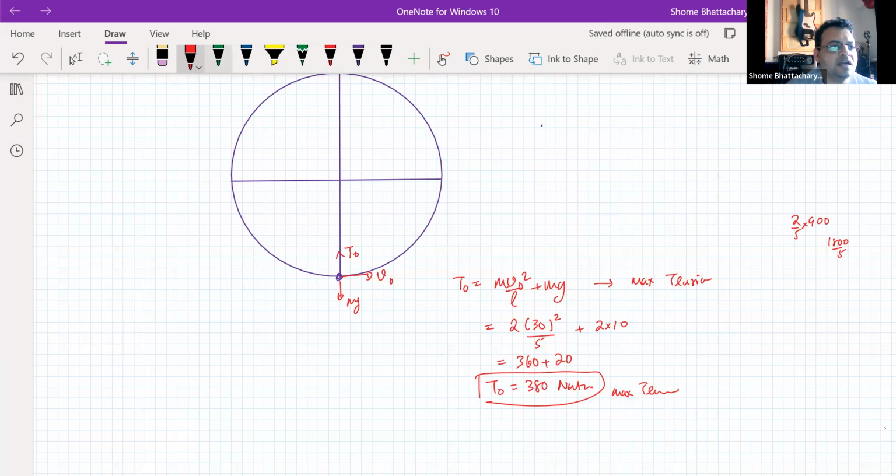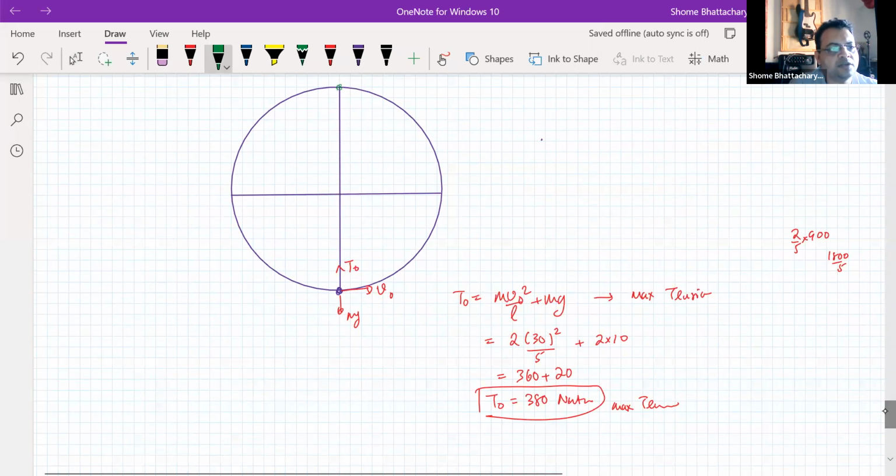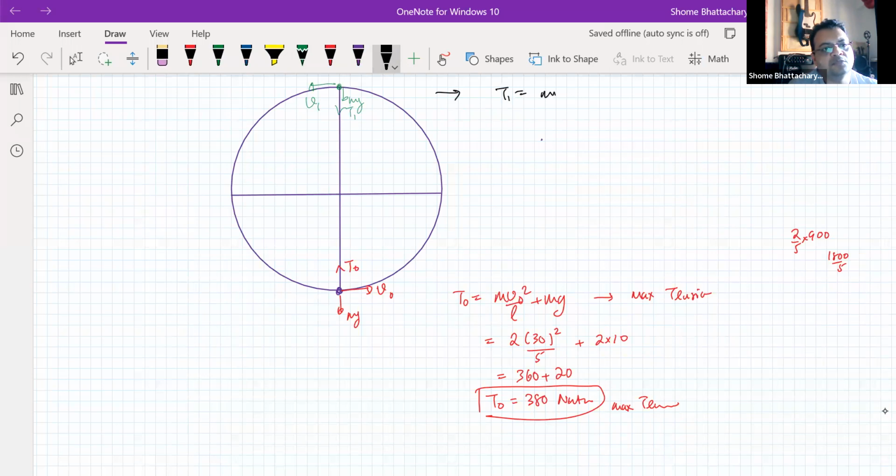Now, similarly, when it reaches the highest point, that is when the speed is minimum and also the tension is minimum. Let's say it reaches the highest point with a speed of V1. At that point of time, the tension is T1. So T1 here is the minimum tension, because T1 will become mv1 square by L minus mg.